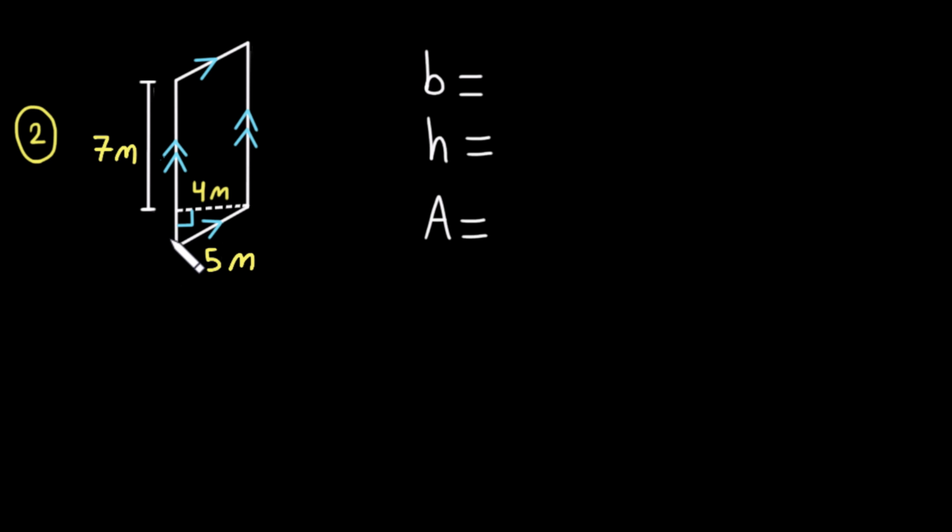Using the Pythagorean theorem for this right triangle, we can find this part. Then we can say this plus this, multiplied by the height, will give us the area. These examples will help you understand how to use the area formula and the Pythagorean theorem to find the area of a parallelogram in a simple and clear way.